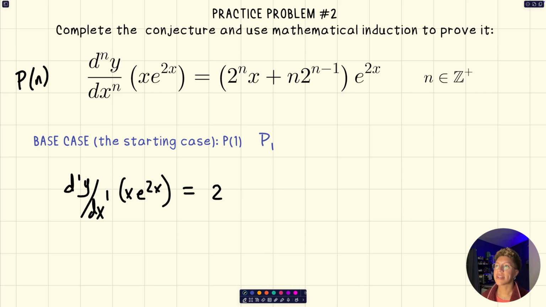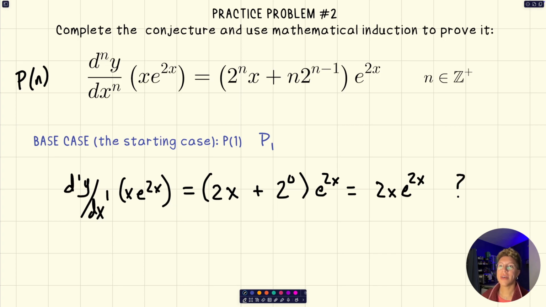We can just say 2x, plus n, which is now 1, 2 to the 1 minus 1 is 0. And all of this is multiplied by e to the 2x. So we're saying the first derivative of x times e to the 2x is going to be 2x times e to the 2x, like that.